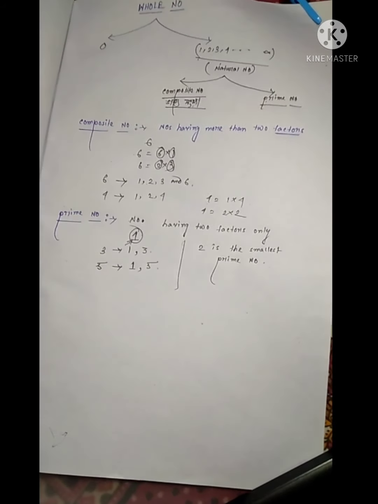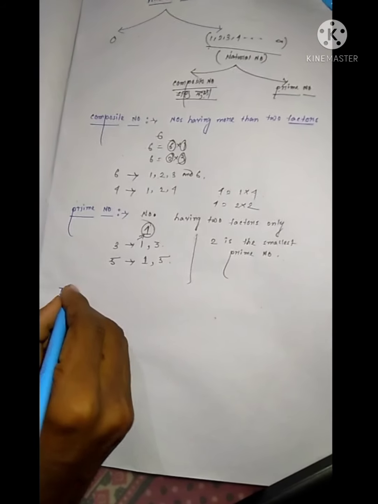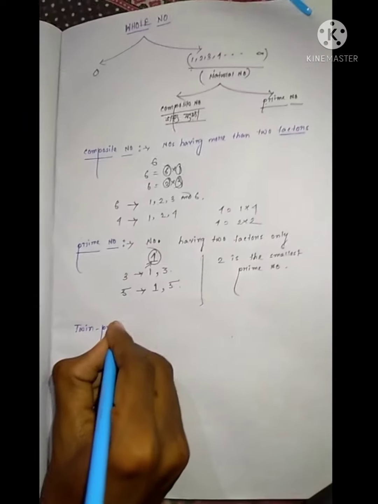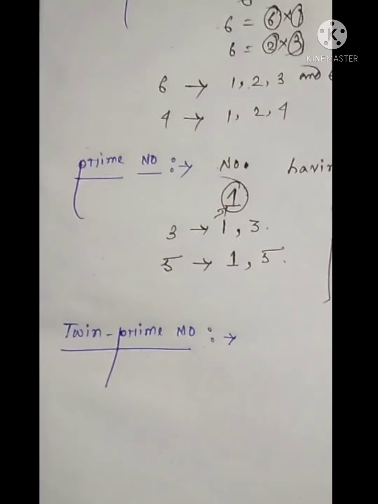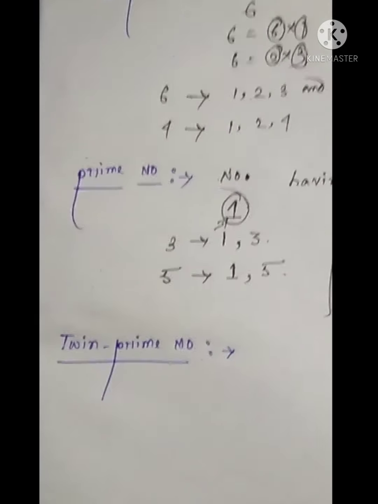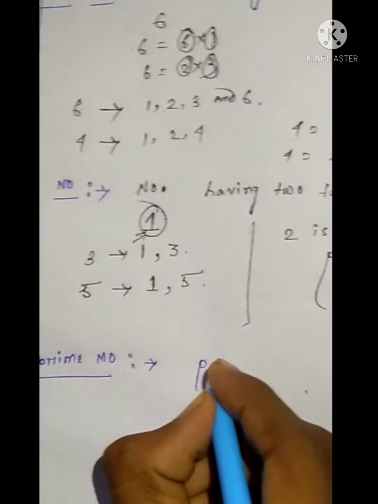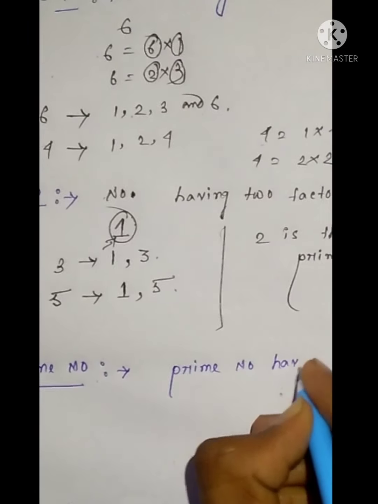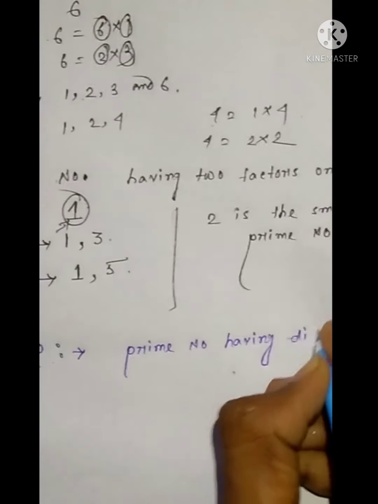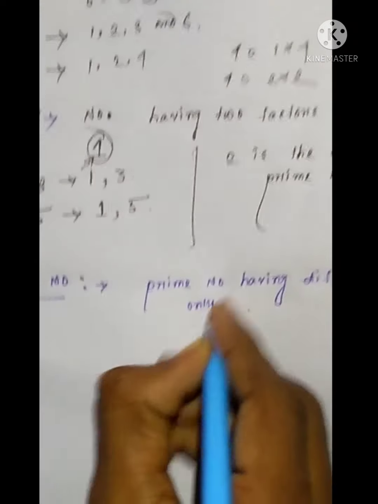Now we will discuss twin prime number and co-prime number. What is twin prime number? Prime numbers having a difference of only 2.